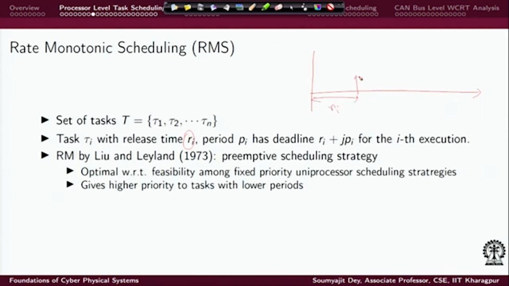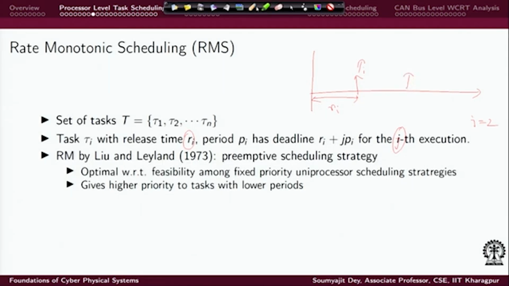So, at time r_i, you have tau_i which has been released, and it has a period p_i. For some jth instance's execution, you have j number of instances, and let us say these instances are separated by a period p. Let us say j equal to 2. This is the first instance, so let us call it the 0th instance here, and this is your second instance.